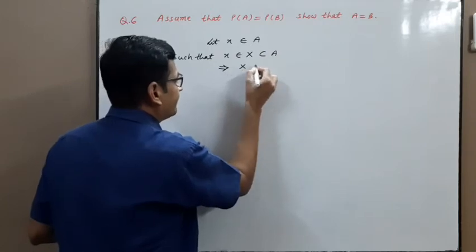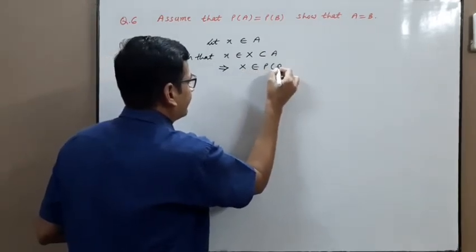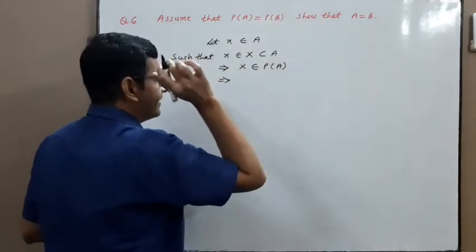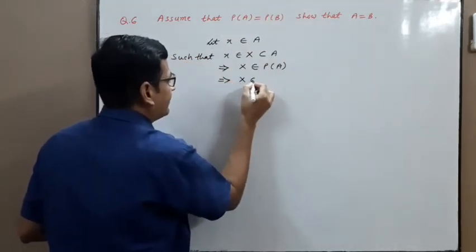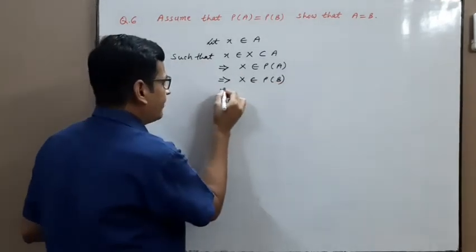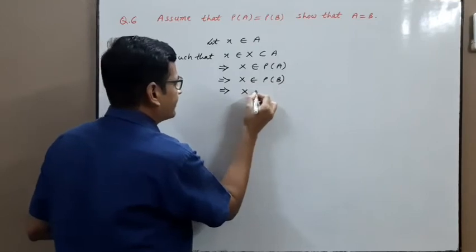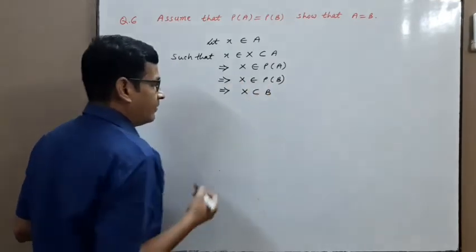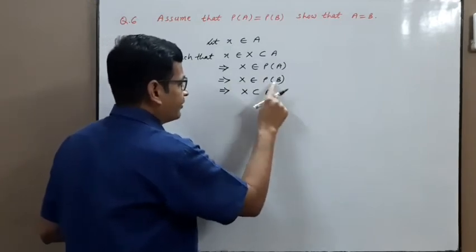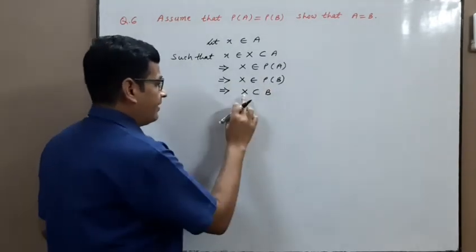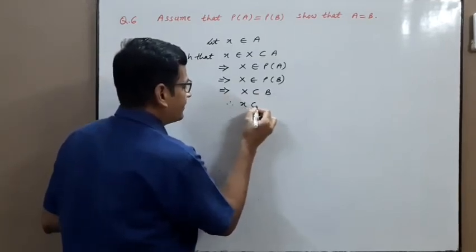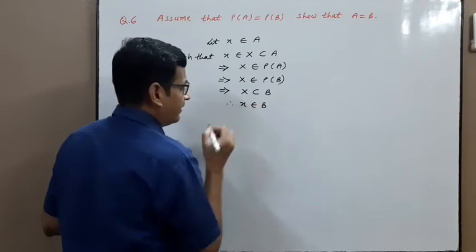It means X belongs to power set A. Power set A equal to power set B, it is given in the question. It means X belongs to power set B. It means X is a subset of B, because every set belonging to power set is a subset of B. X is a subset of B. Therefore, x belongs to B. Why?